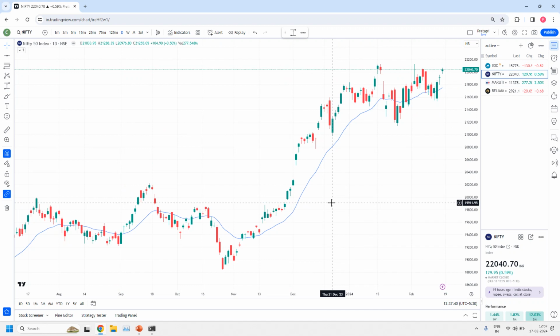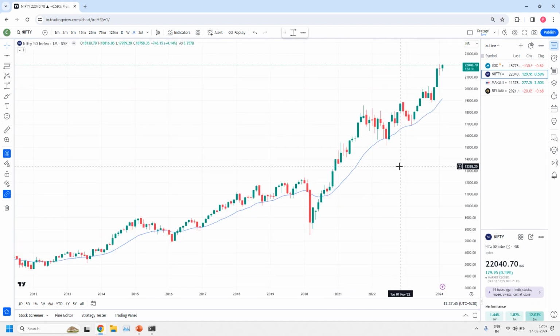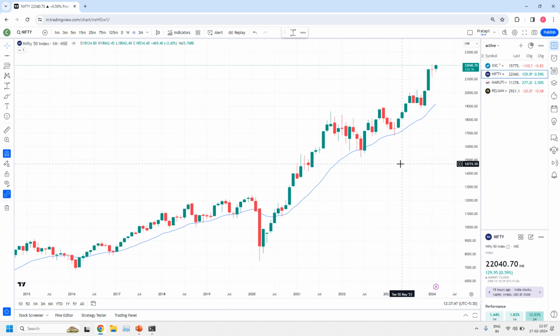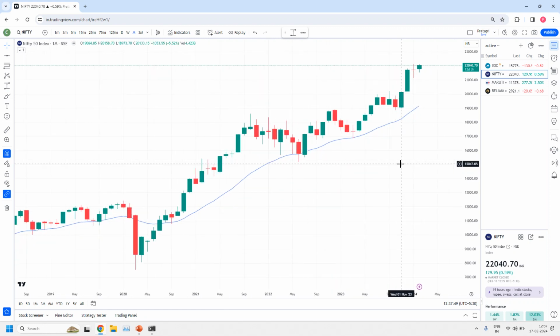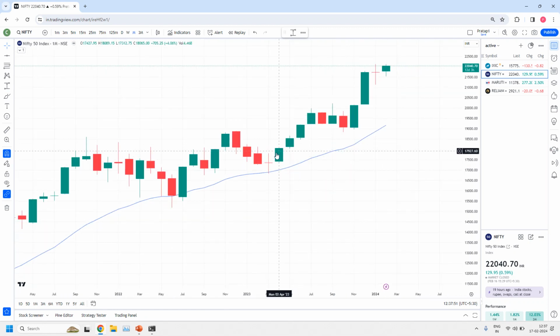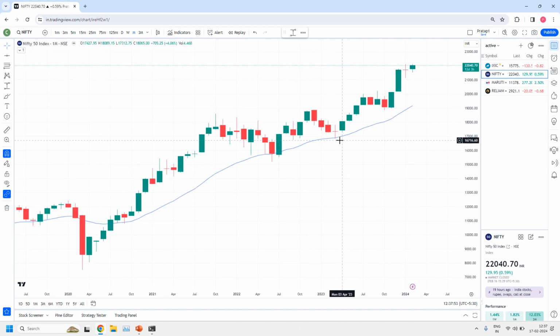Look at the Nifty chart. Let me go to the monthly time frame. Look at the recent period here. See, monthly prices are moving up.